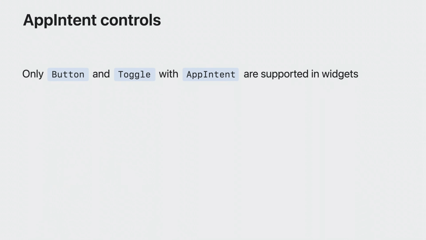Note that only button and toggle using AppIntents are supported in interactive widgets. Other controls won't work. And of course, those initializers work in your app as well, which is cool because you can share the AppIntent logic between your widget and your app. Let's go back to Xcode and our coffee tracker app and add some interactivity.